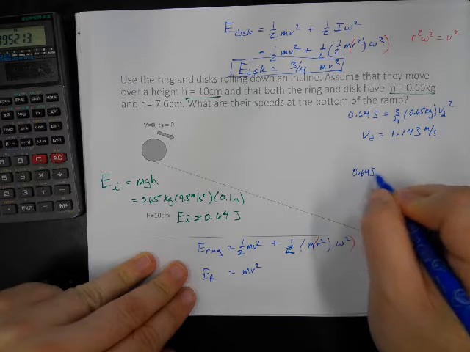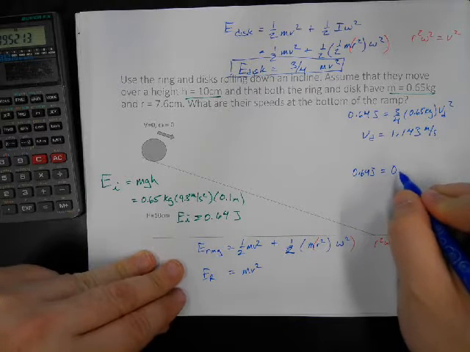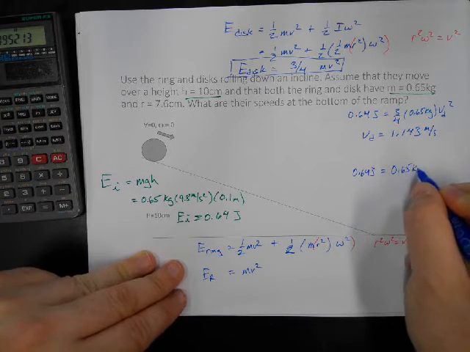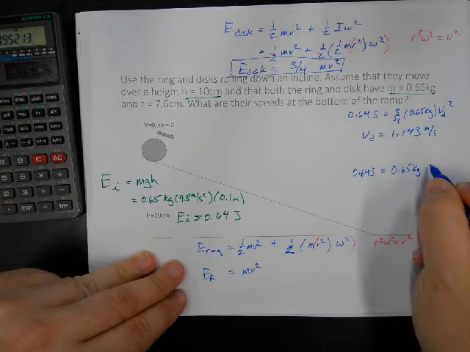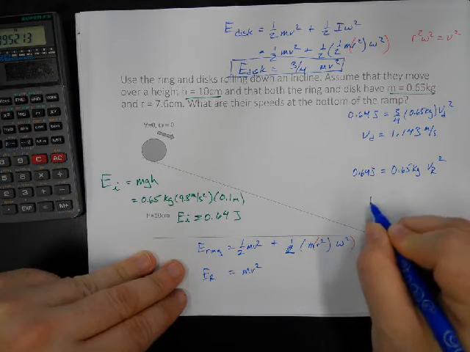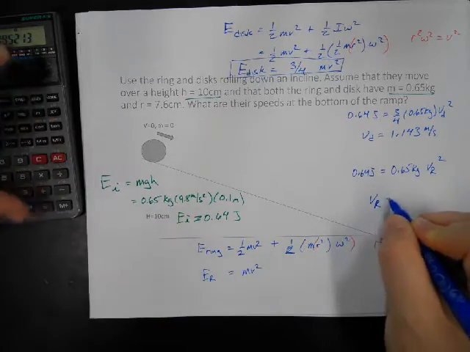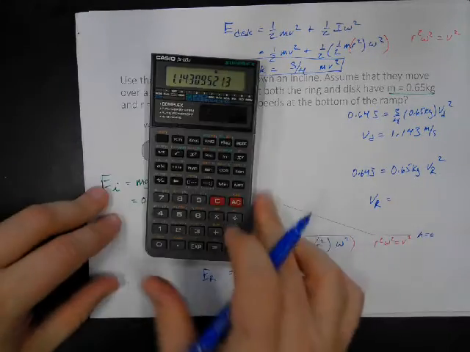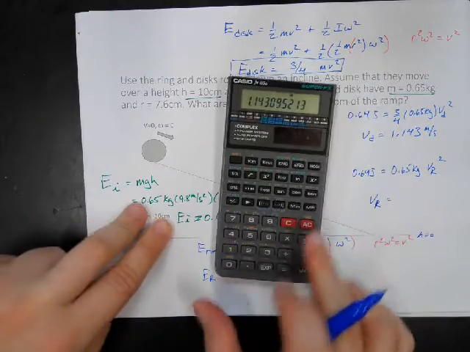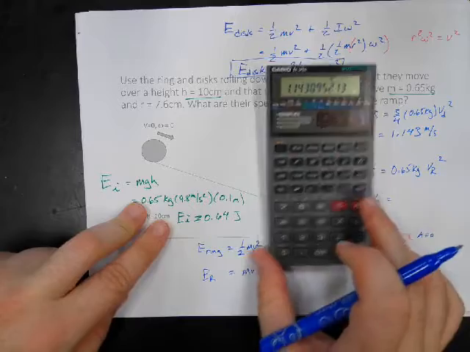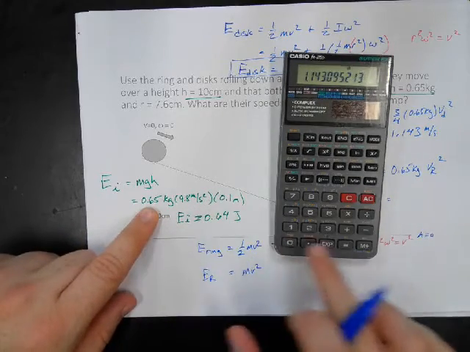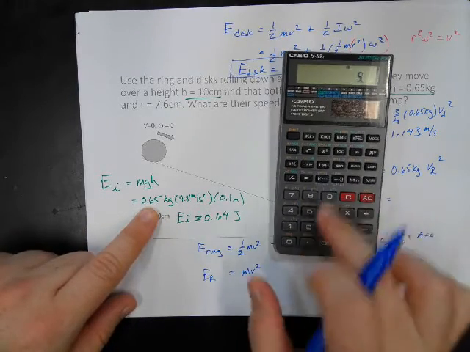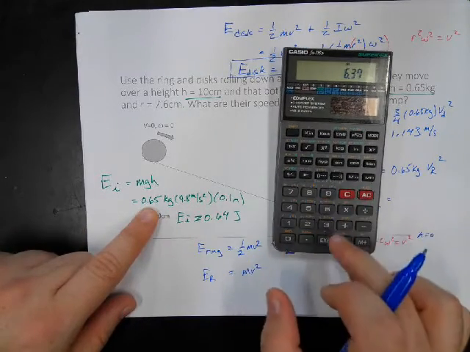0.64 joules. That's going to be 0.65 kilograms times the velocity of the ring squared. And so the velocity of the ring is, remember we did this, let me go back and run this calculation again. 0.65 times 9.8 times 0.1.